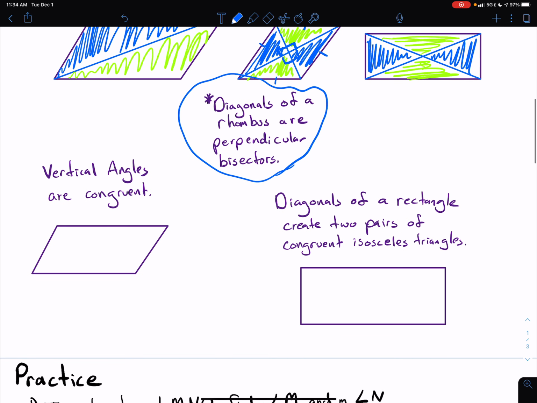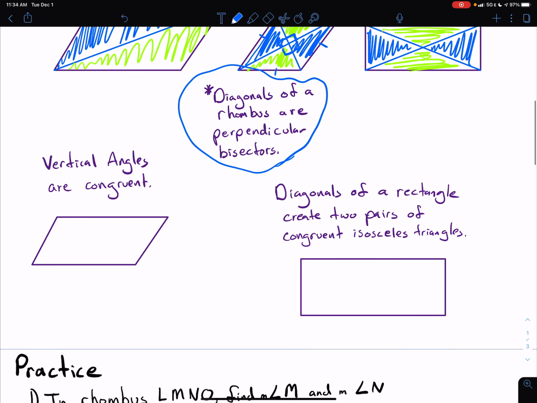Then specifically here, we can talk about vertical angles. If we separate these with a line, this angle here is congruent to that angle, and that angle up there and this angle on the bottom are congruent. Those are vertical angles, the angles on the opposite side of the transversal, if you will.